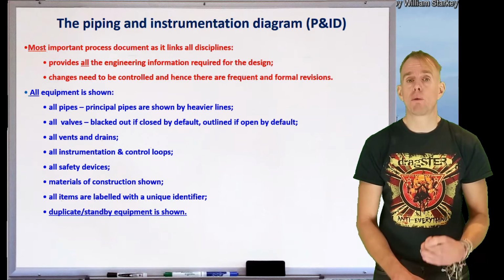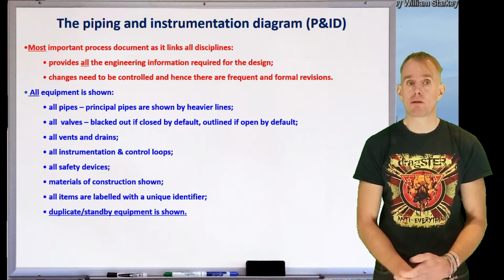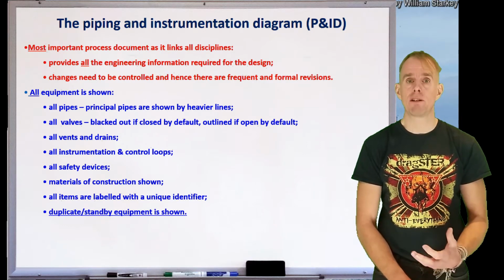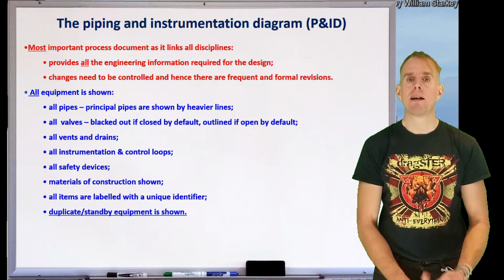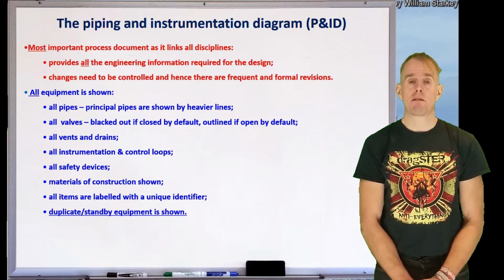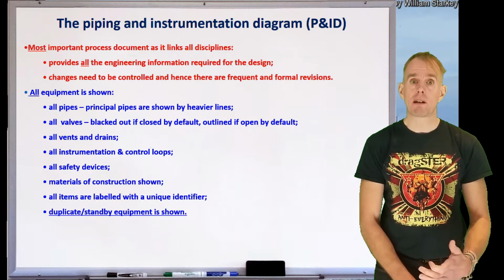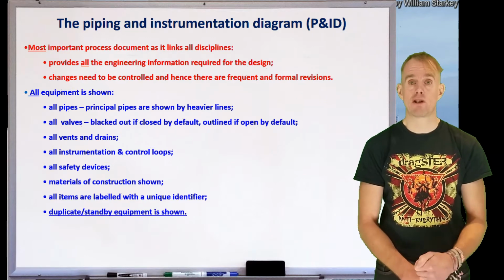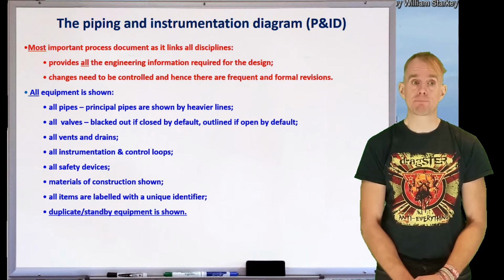We also include all instrumentation and every control loop. Of paramount importance, we include every single safety device, every trip, every alarm, every relief valve, every bursting disc. We also give information around materials of construction of vessels and materials of construction of pipes, along with things like piping insulation or piping trace heating.